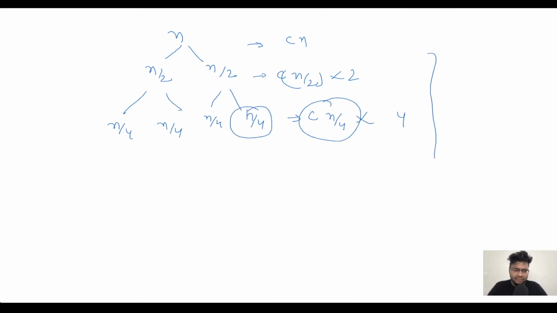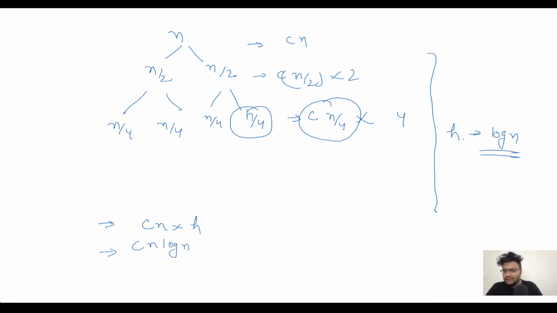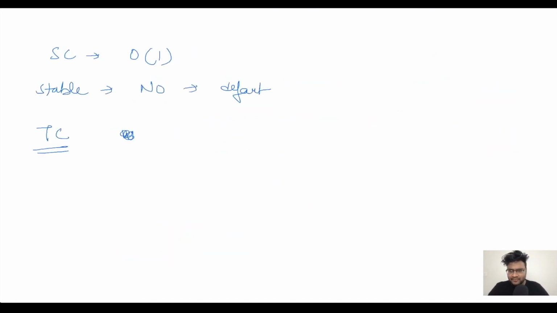This sums up over the height of the tree, which is h. This will come up to be Cn into h, and h, as all of us know, is the height of the tree, which is log n. So it will become C n log n. The average and best case time complexity for the quicksort algorithm comes out to be C of n log n, but we will take it as n log n only.